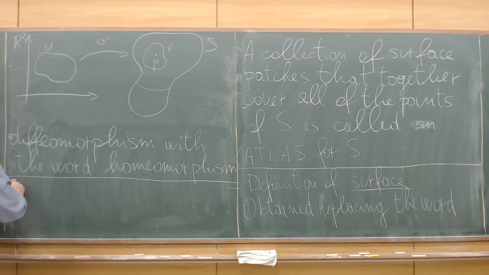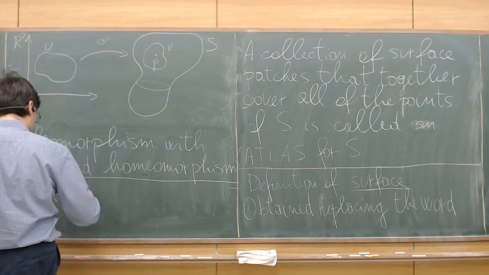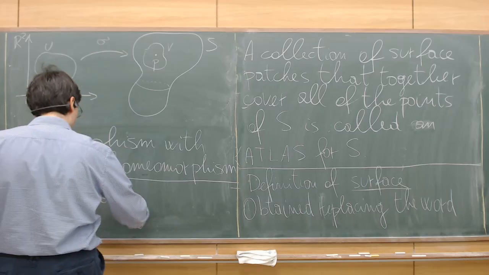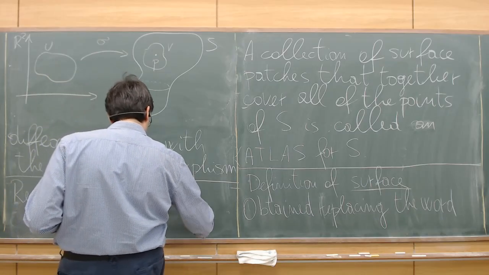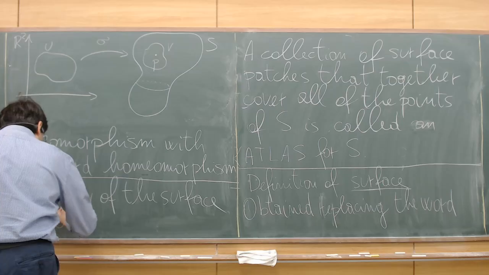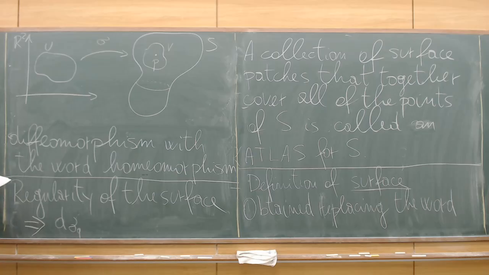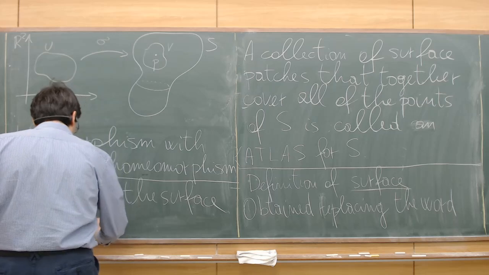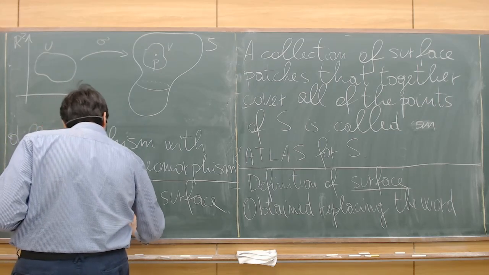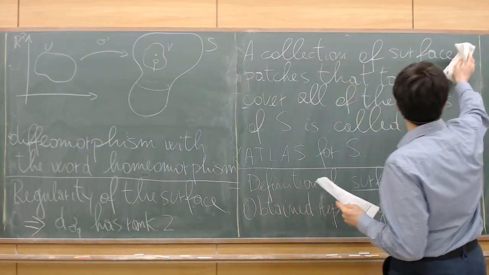It says that the regularity of the surface implies the fact that the derivative d sigma q, where sigma is a surface patch, has rank 2. So let me write the precise statement.